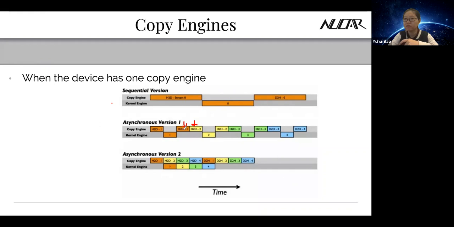And the copy engine executes the different operations in order. Since in the for loop this orange one happened before the yellow one, the one in stream 2 has to wait until the device to host finishes.